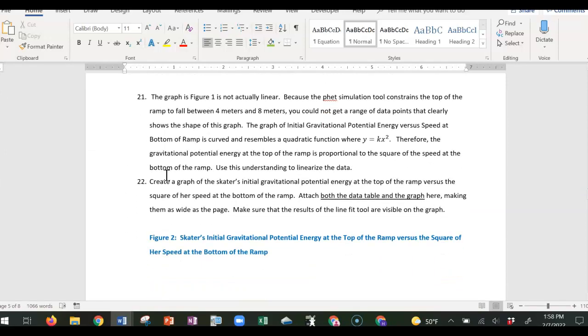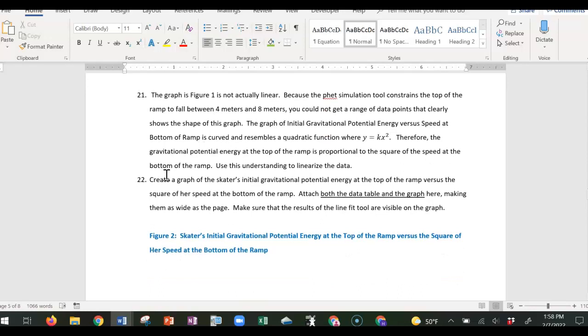You know, the simulation tool really constrained the range of heights that you could use, and therefore we weren't really able to get the range that would have helped us see the curve of this graph if we had more data points. But what we're looking at is actually part of a quadratic function.